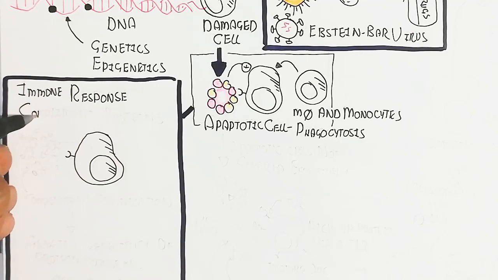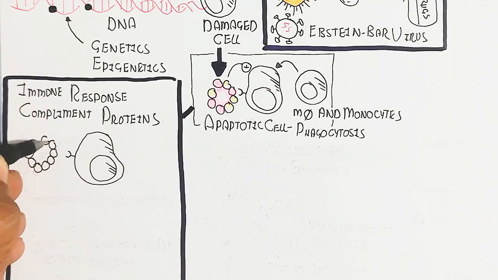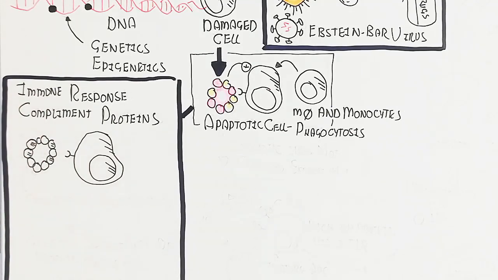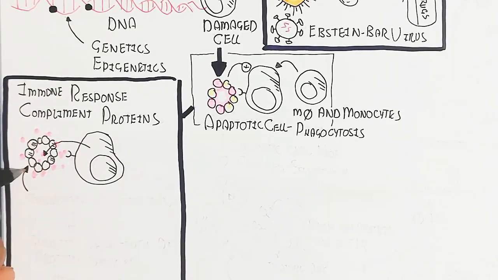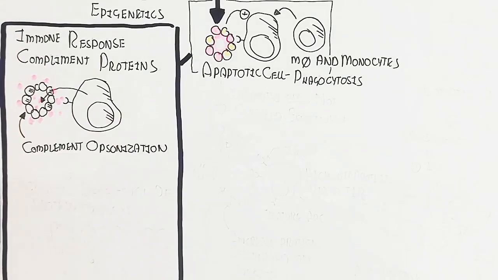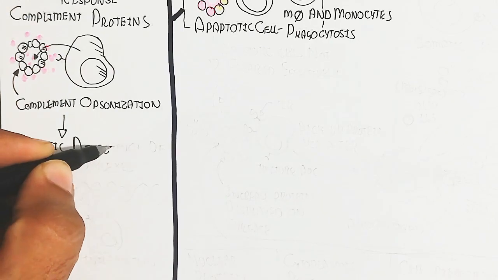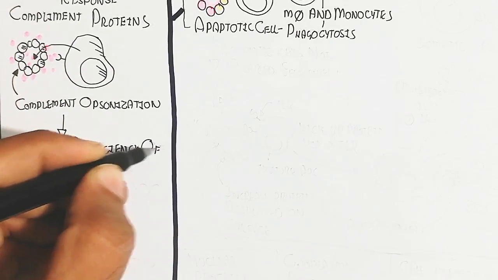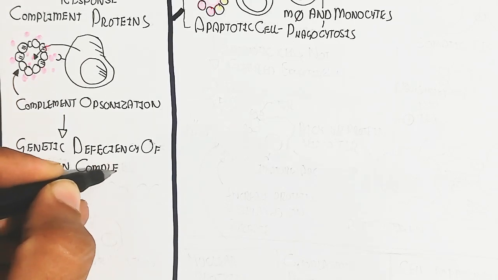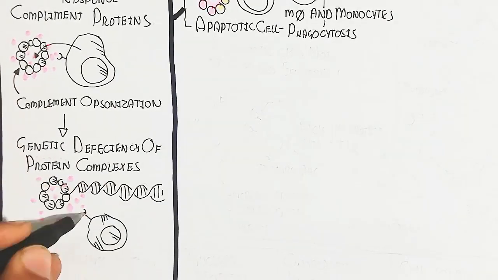So the immune response involves complement proteins, which will lead to complement opsonization. This complement opsonization, as well as the macrophage, interacts with this apoptotic content, but a semi-apoptotic process will occur due to more and more continuous cell damage, and the genetic deficiency of protein complexes, which will lead to increased inflammation, and that inflammation will recruit more WBC, the white blood cells.